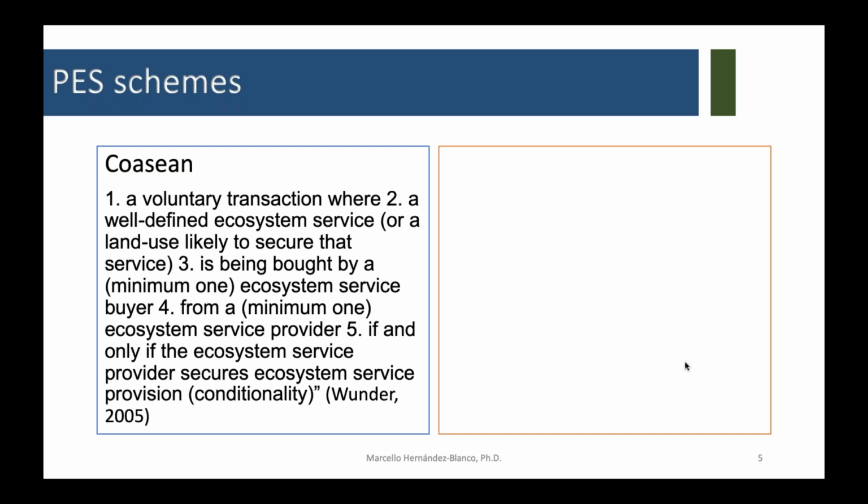That's what we call conditionality. So this scheme would only be maintained if the seller secures the provision of what it's selling, in this case the ecosystem service, for the beneficiary.